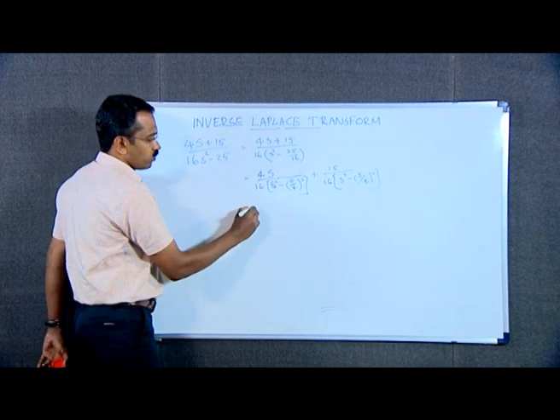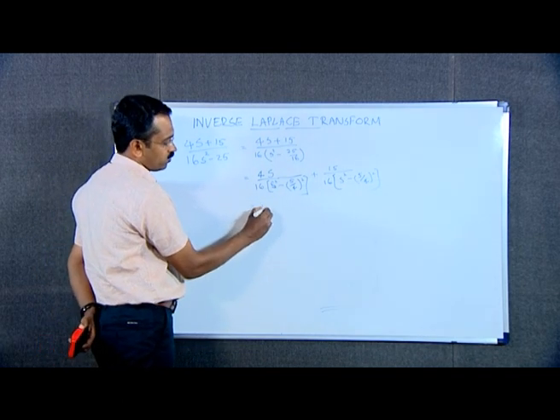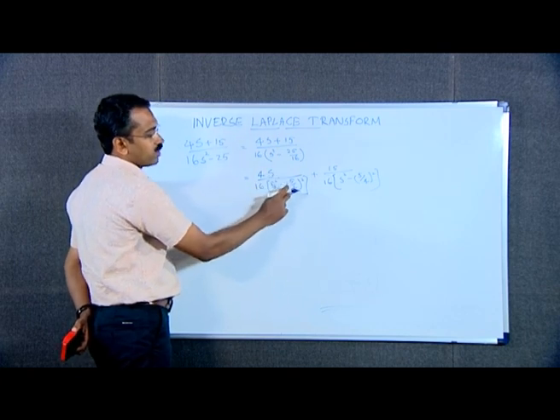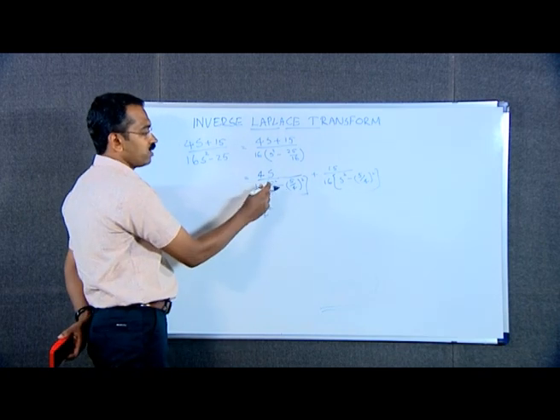This is equal to 4 by 16 means 1 by 4. Here s by s square minus 5 by 4 whole square.